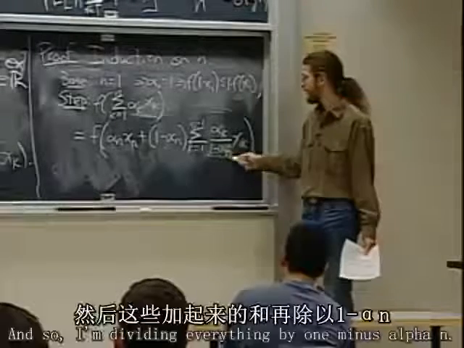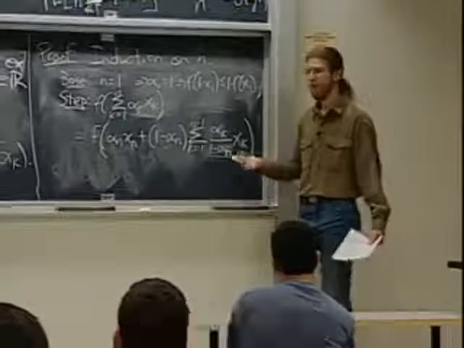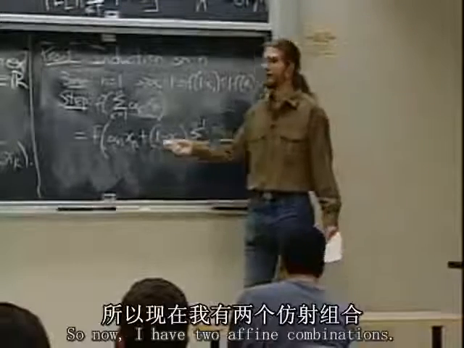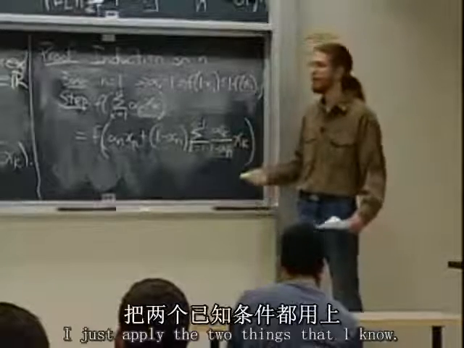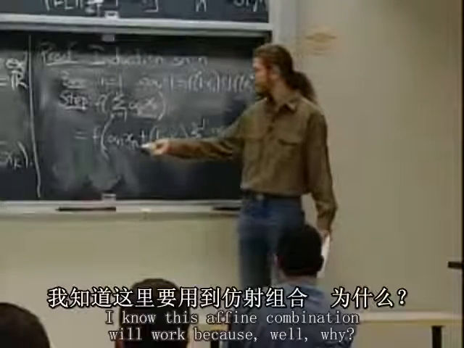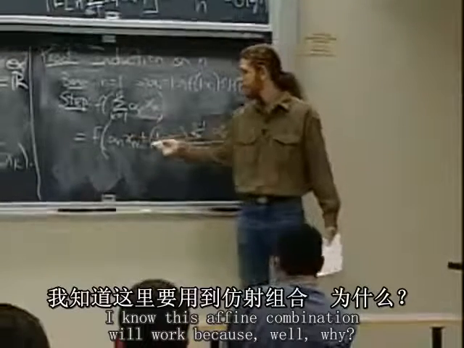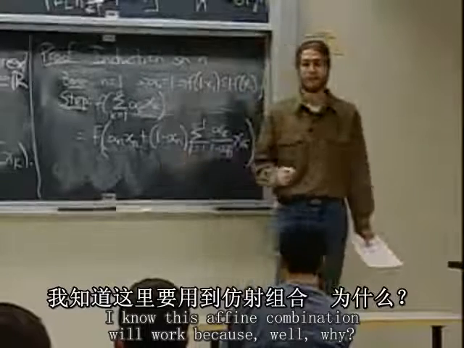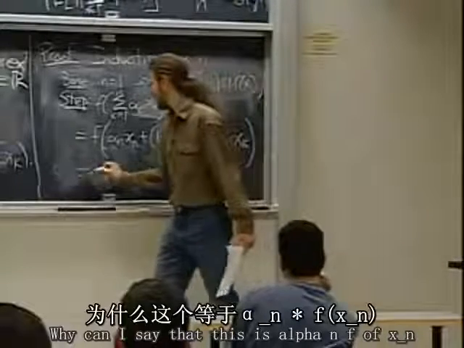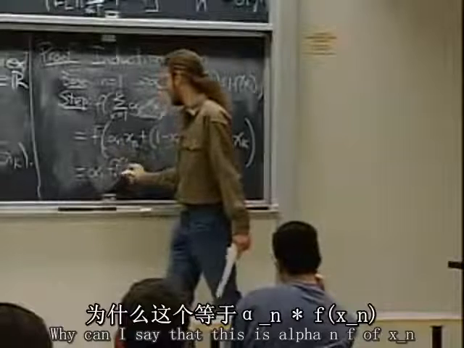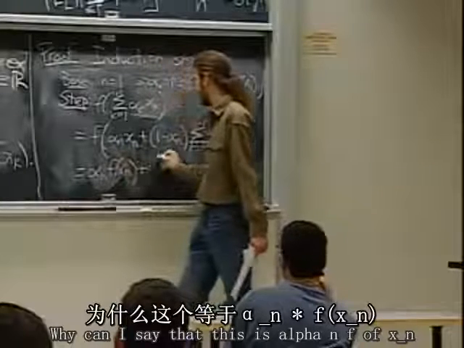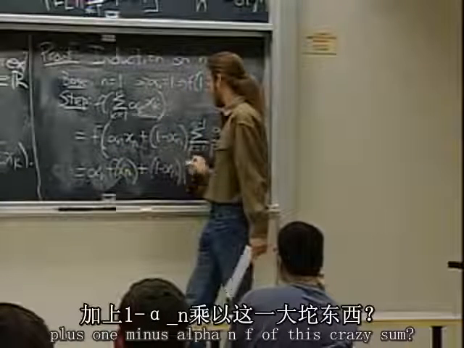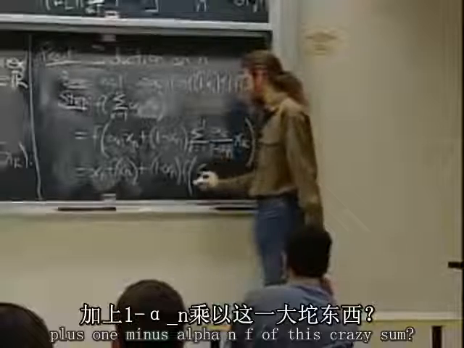And so I'm dividing everything by 1 minus alpha n, so they will sum to 1. So now I have two affine combinations. I just apply the two things that I know. I know this affine combination will work because, well, why? Why can I say that this is alpha n f of x n plus 1 minus alpha n f of this crazy sum?